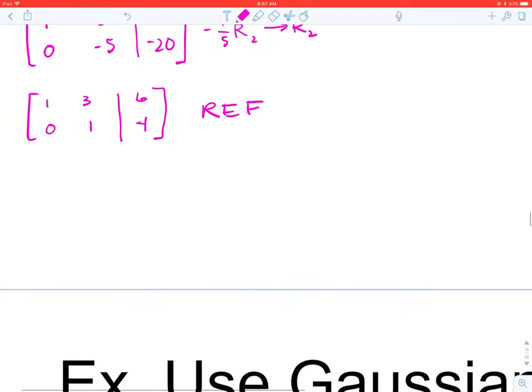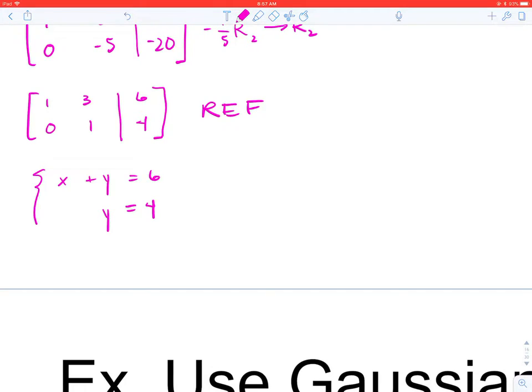So if I were to rewrite the matrix that's in row echelon form as a system of equations, I would have x plus y equals 6 and y equals 4. So notice when we get to row echelon form, we end up knowing what one of our variables is equal to. Now what we mean by back substitution is I can substitute 4 in for y into the previous equation.